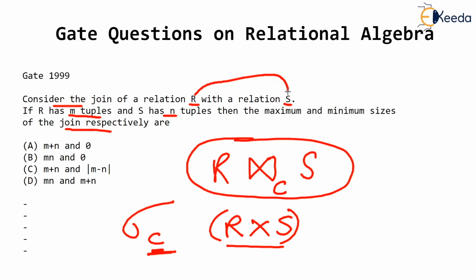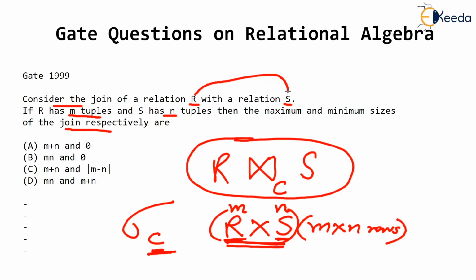From the past videos, I hope you have seen all those videos. If R contains m rows and S contains n rows, then the total size of R cross S is going to be m into n rows. Yes, this is sure because every row of R is joined with every row of S in R cross S. But then further, we don't show the entire R cross S, isn't it?